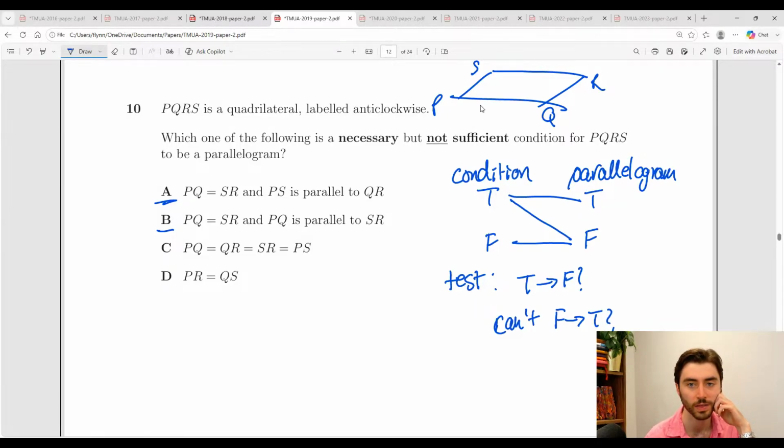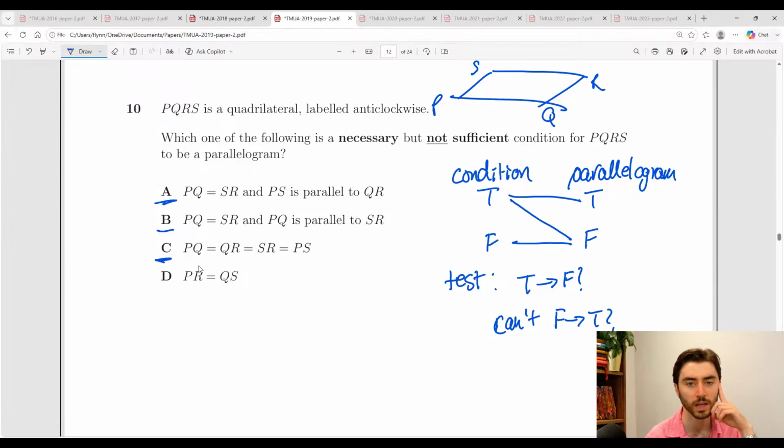Can I get these two being equal? So these two are equal. These two are parallel. I'm not sure that can go anywhere else. Oh, it can be a rectangle. So again, that's also in the running.